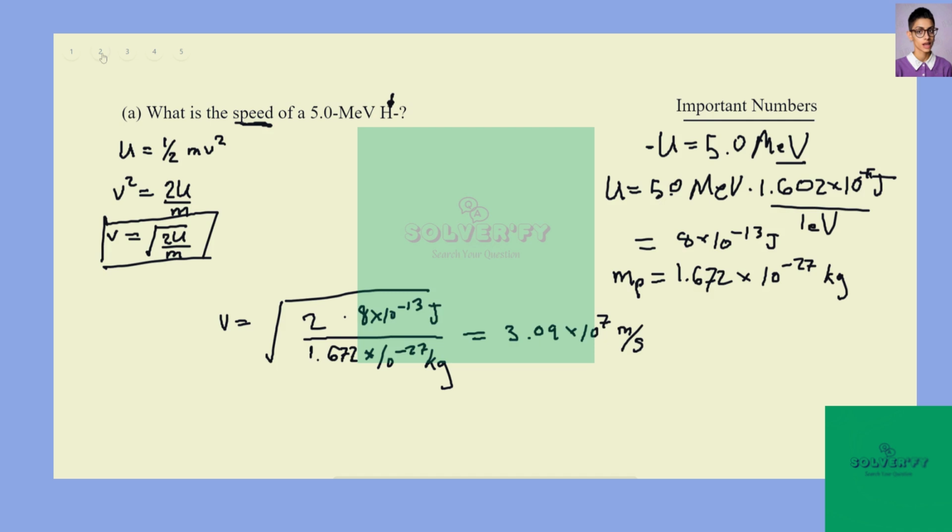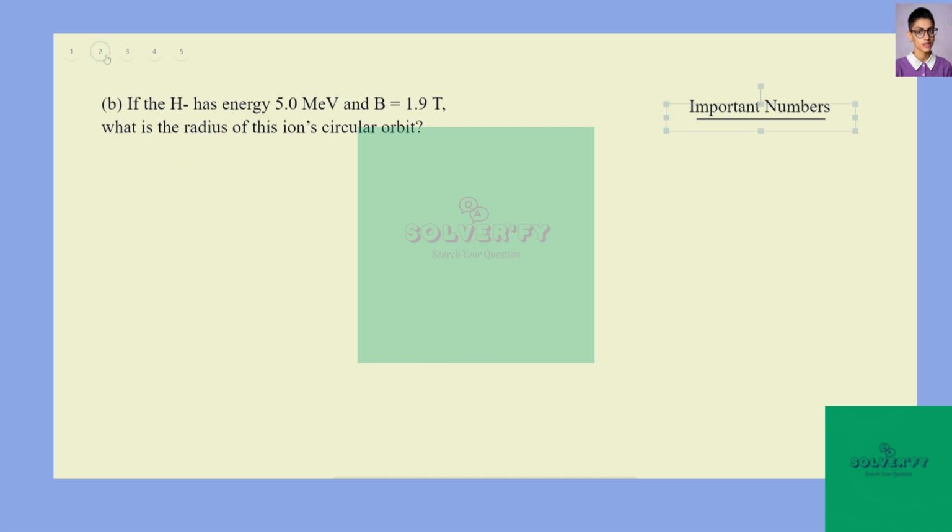We're going to switch gears now into part B and see what it's asking. Again, we need to identify what information will be relevant. So B is placing the charged ion from the last part in a perpendicular magnetic field.